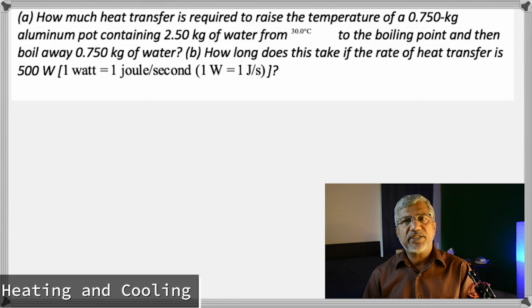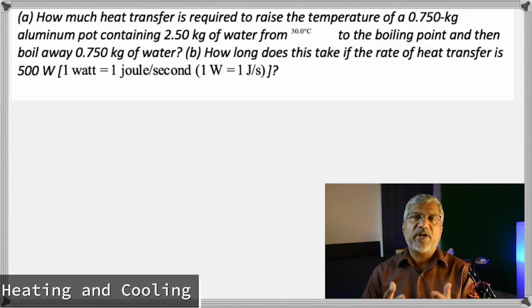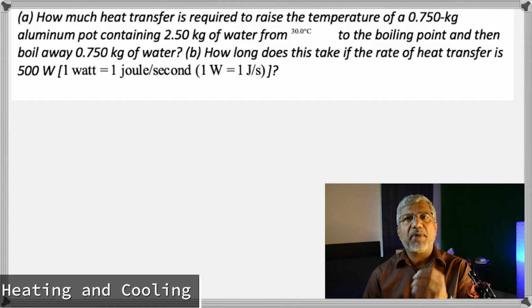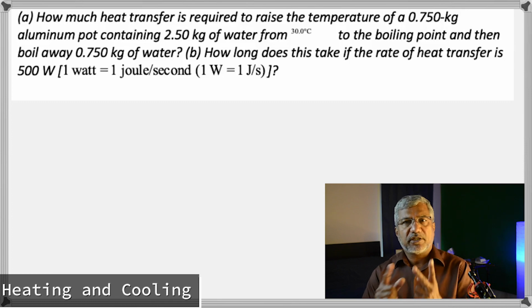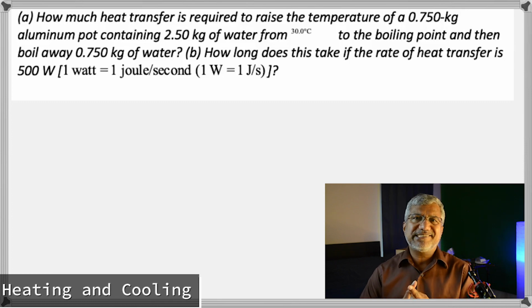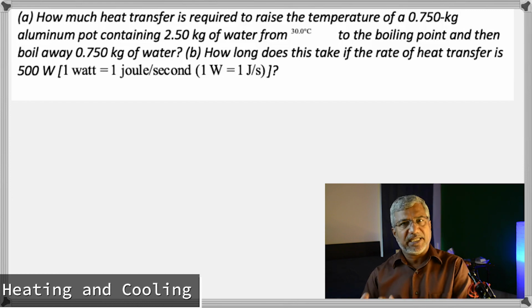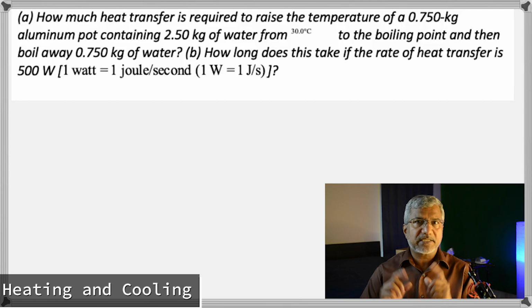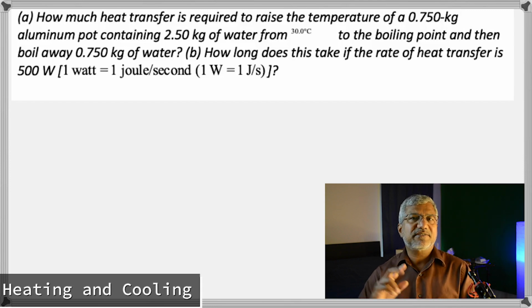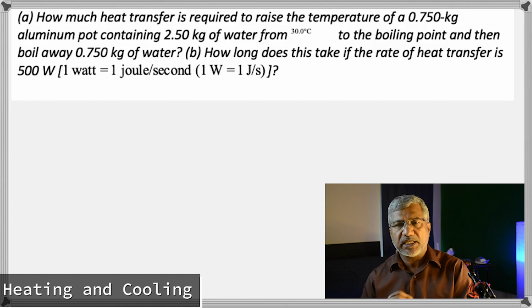And when there is a phase change, the formula used to find the quantity of heat is just mass multiplied by latent heat. So there's a new formula coming in here. There are 2 processes. The first process is just a heating process, so the formula is mc delta T. And the second process is a phase change, so the formula used is mass times latent heat.